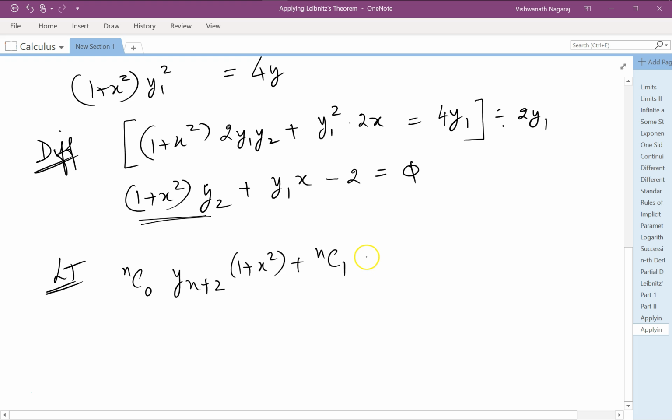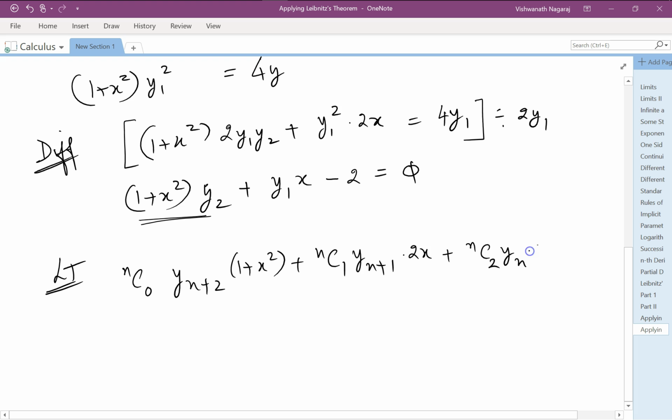Now nC1 u n minus 1. So n minus 1 means what? N plus 1 instead of plus 2. And v1 would be what? Differentiation of 1 plus x square. So that is 2x, plus nC2.